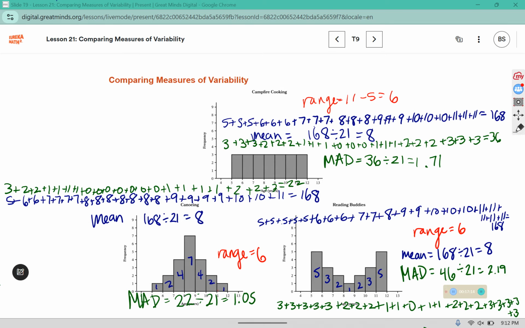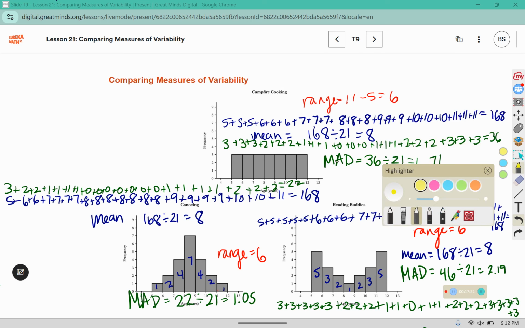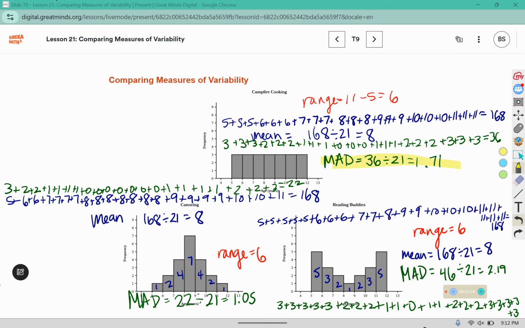Number 4 says which distribution has the least variability. To measure variability, we look at the mean absolute deviations. So 1.71, 1.05, or 2.19. The lowest of those 3 is this canoeing.